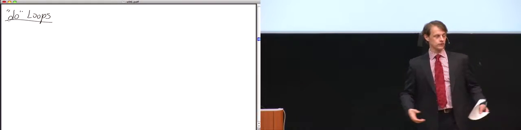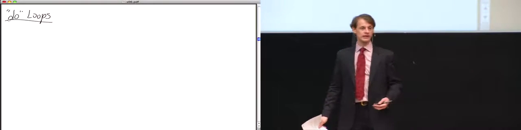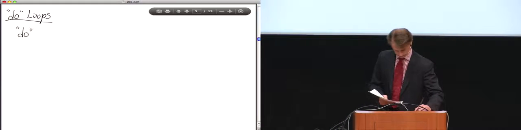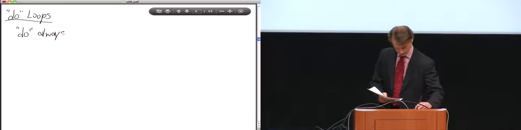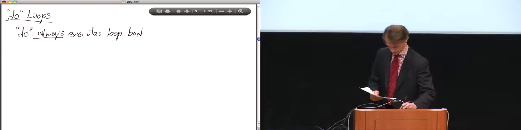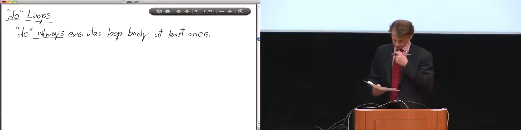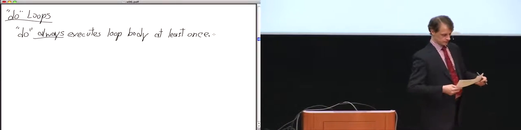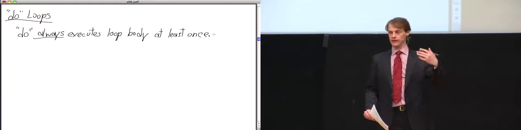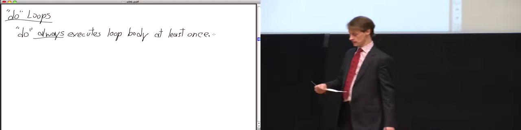So a do loop is something you use when you want to make sure there's always one iteration minimum of the loop. Java does not even look at the loop condition until it finishes one iteration of the loop body.